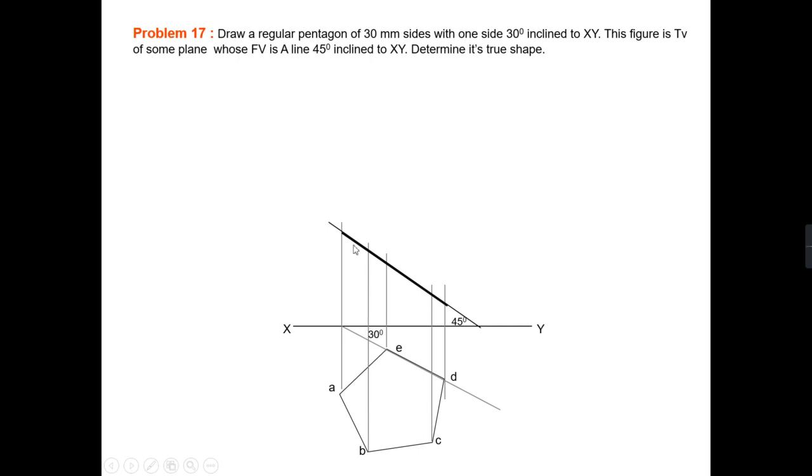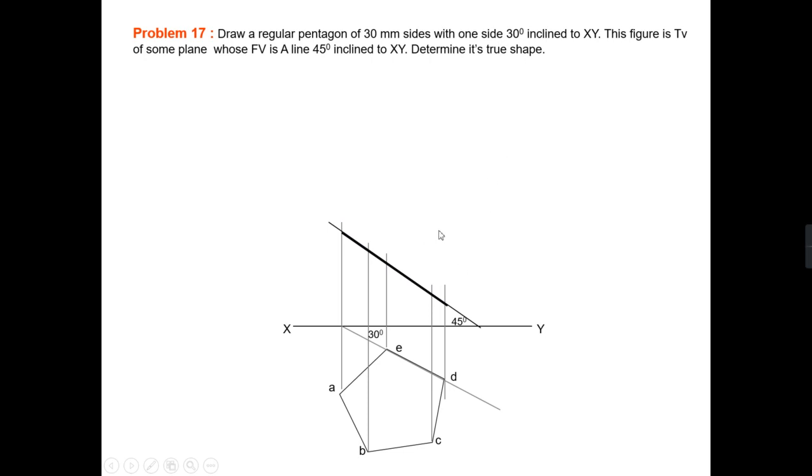So to get the true shape of the plane, see, it is inclined at 45 degrees. If I look at the plane at this angle, I will see the true shape of the pentagon, right? Because we are seeing it from the top, then we are getting this shape, and when we see it from the front, we are getting the line.